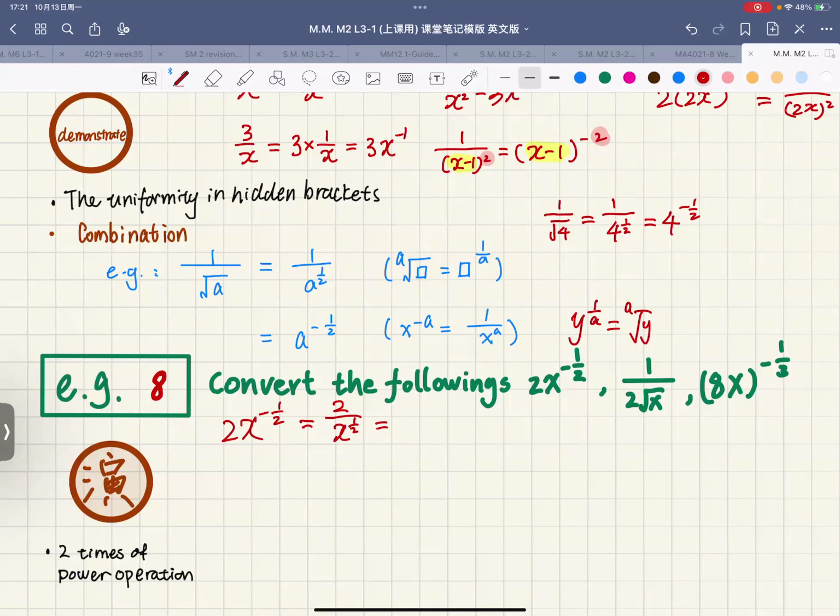Now I need the root. How to convert x to the power of 1/2 to the root form, to the third? Very good.